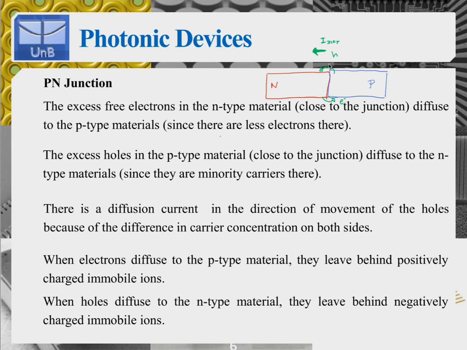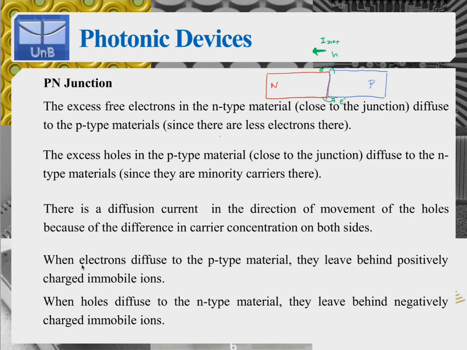And notice that both the movement of holes and electrons contribute to the same current, from the right to the left here in this case. So this is the diffusion current, the current associated with the fact that both electrons and holes are diffusing across the junction due to the difference in carrier concentration for these two types of carriers along both sides of the junction.